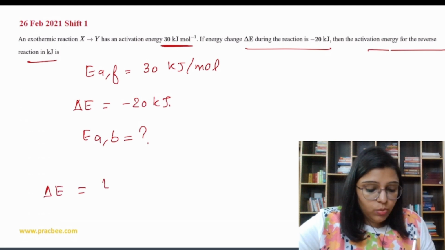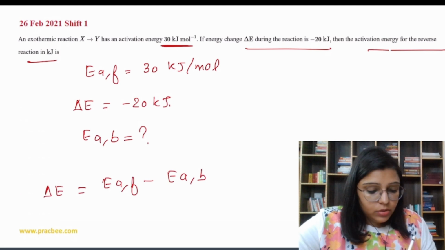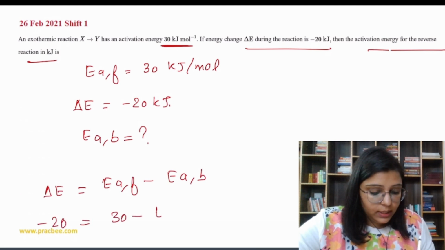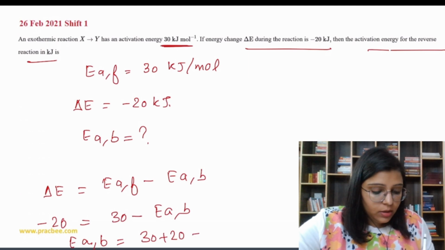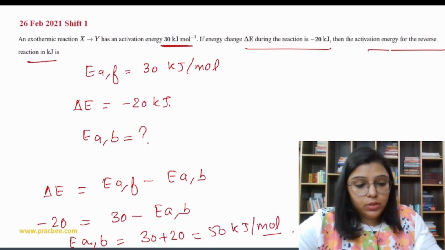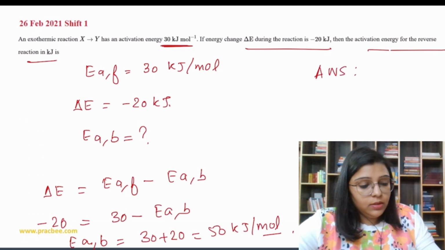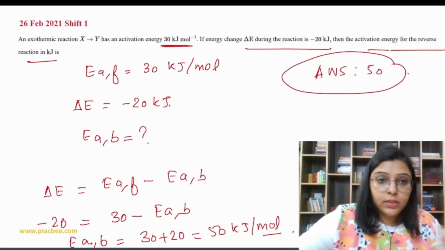Delta E is equal to EA forward minus EA backward. So minus 20 is equal to 30 minus EA backward, and the activation energy for the backward reaction is 30 plus 20, which is equal to 50 kilojoule per mole. So the answer is 50. Okay?